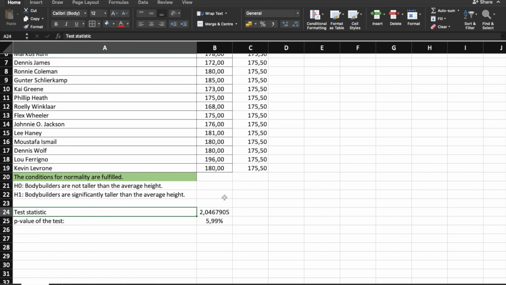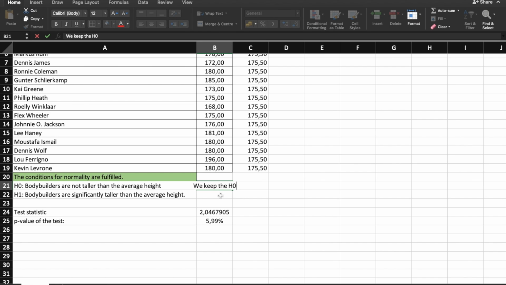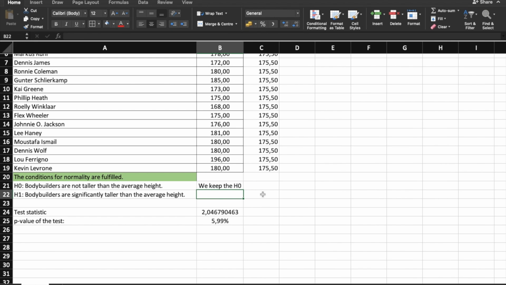And now I also need to write down whether I keep the null hypothesis or not. Let's write it down here. We keep the null hypothesis. Let's make a little bit more room for that. And as a result, if I keep the null hypothesis, which kind of error can I make?